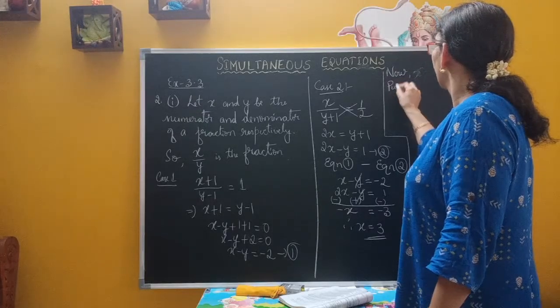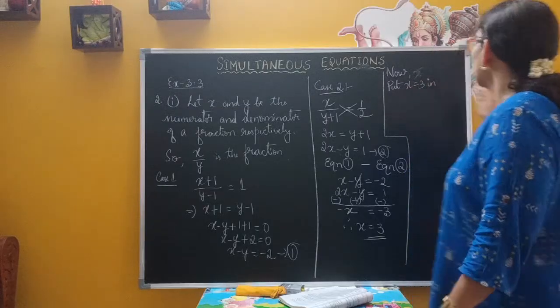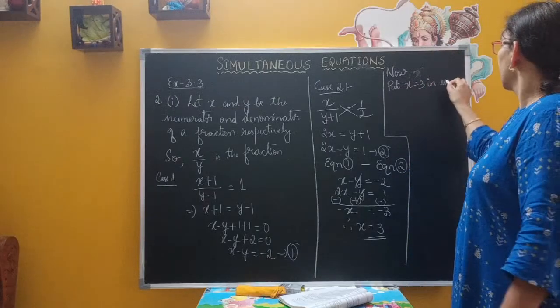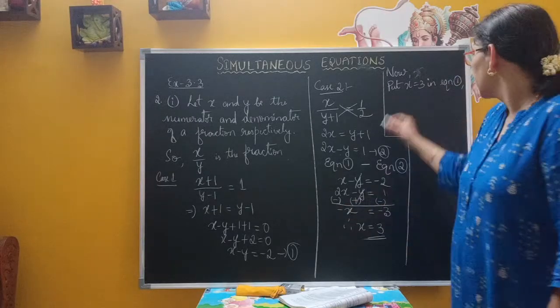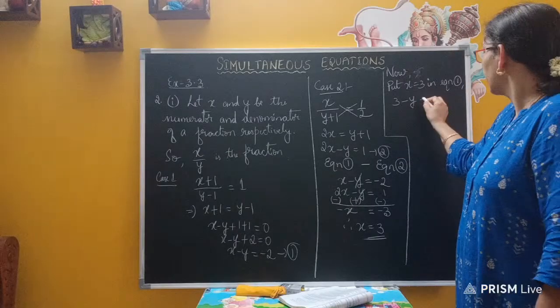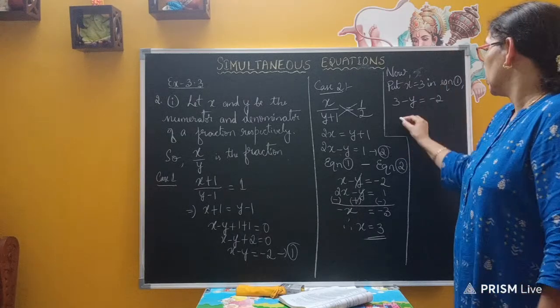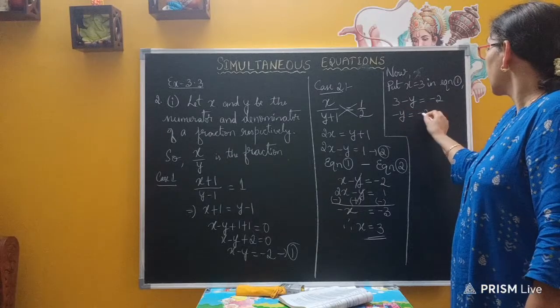Put x is equal to 3 in equation 1. In equation 1, we get 3 minus y is equal to minus 2. So transpose.